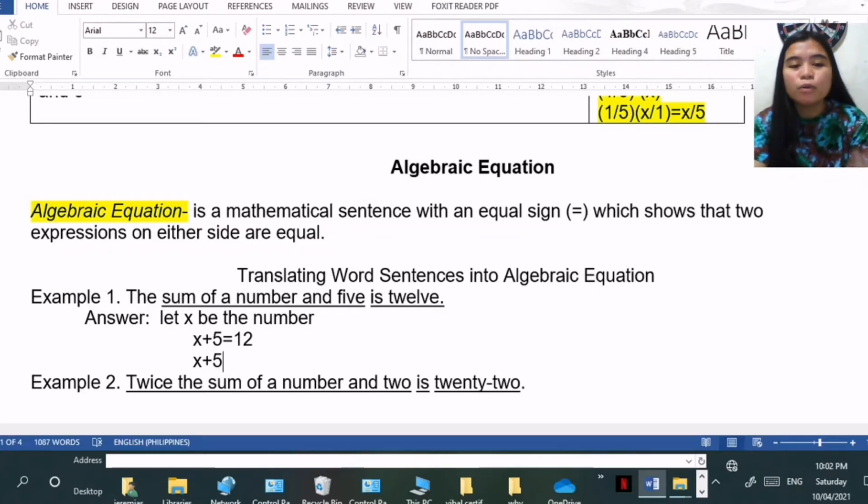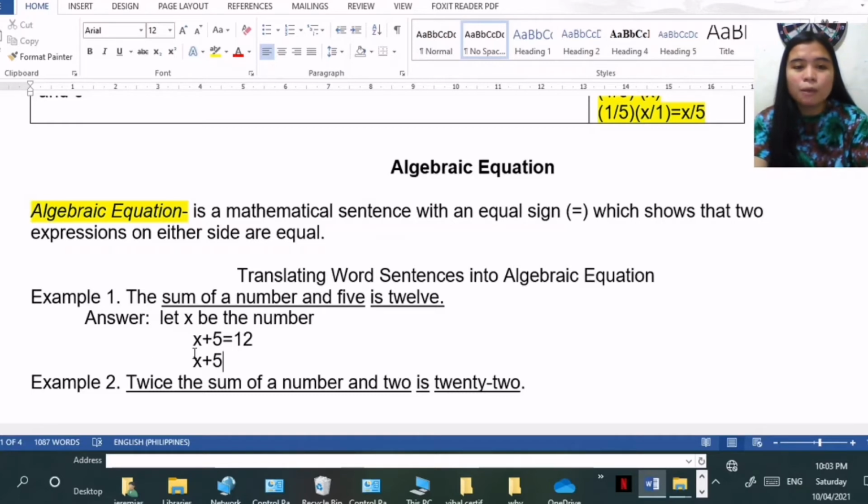Kahit pa yung variable na yan ay may katabing number, halimbawa, hindi lang siya x, halimbawa, naging 2x yan, naging 3x. Basta yung variable ay maiiwan siyang mag-isa sa kabilang quantity. Pwedeng sa right side, pwedeng sa left side, kung nasaan man siya. Basta dapat mag-isa siya.